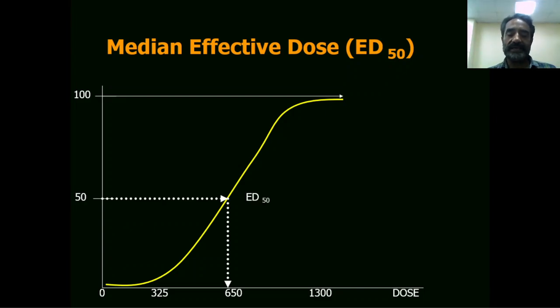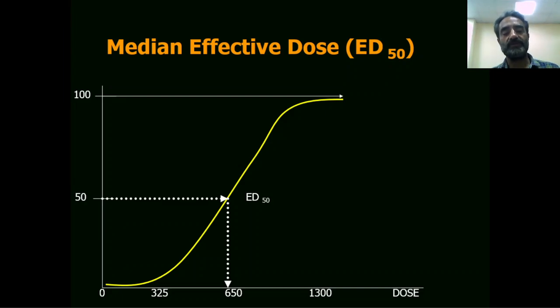You can see the dose changes across the x-axis, 325, 650, 1300, and so on. Because this particular drug which we are plotting on the x-axis shows an all or none effect, or a Quantal effect, we cannot plot the graded dose response curve. Instead, on the y-axis we have taken the percentage of individuals given the drug.